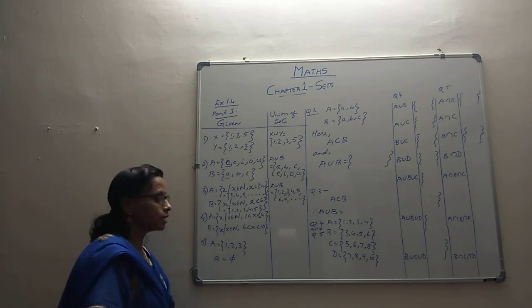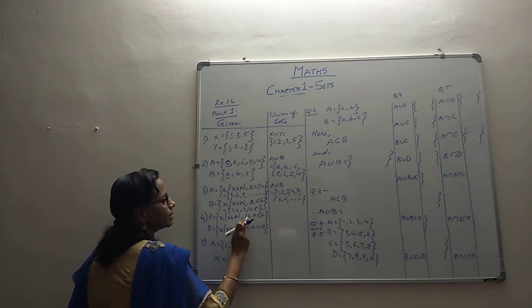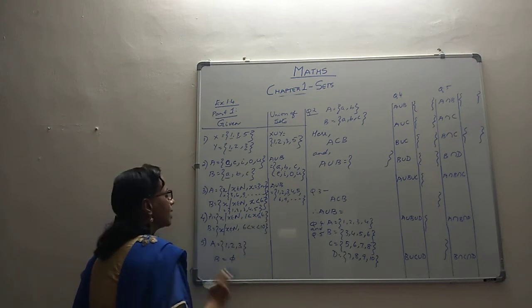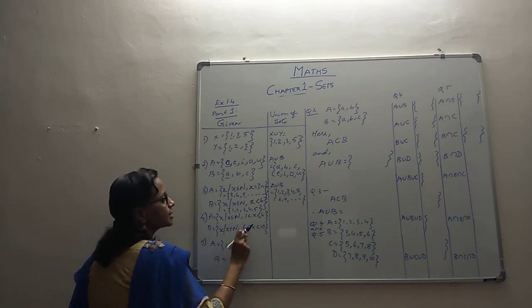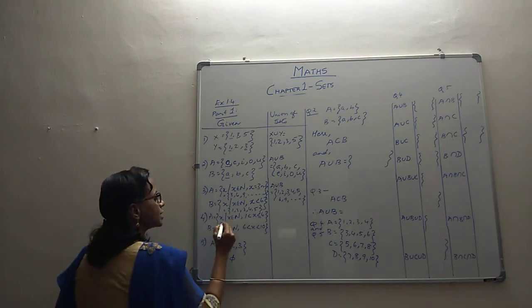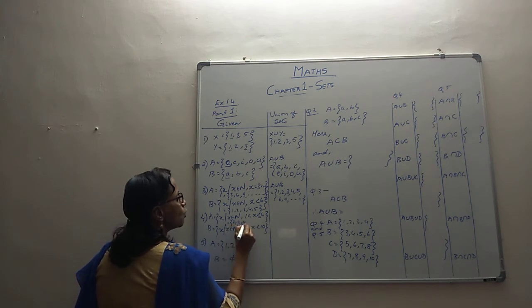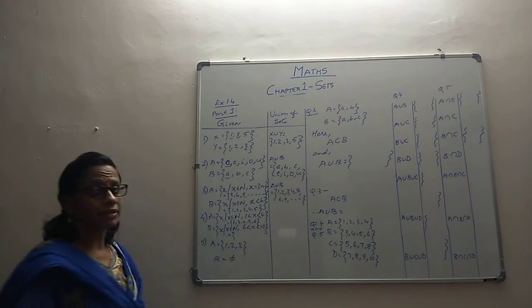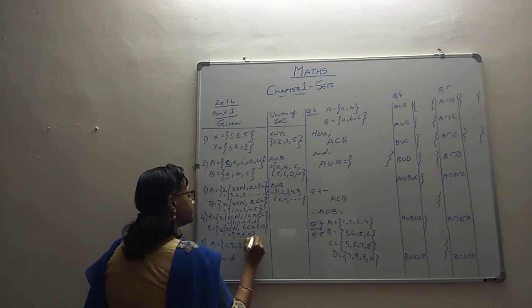Now we have subpart number 4, where the set X consists of all natural numbers lying between 1 and 6, with 6 included, and the set B is the set of all natural numbers between 6 and 10, where 6 and 10 are both not included. Let's see how the sets look. A will be the natural numbers 2, 3, 4, 5 and 6. Between 6 and 10 means B will be 7, 8 and 9.